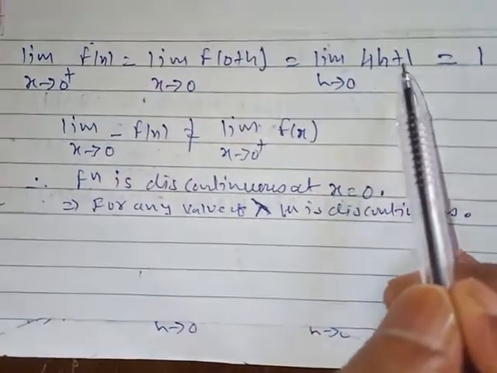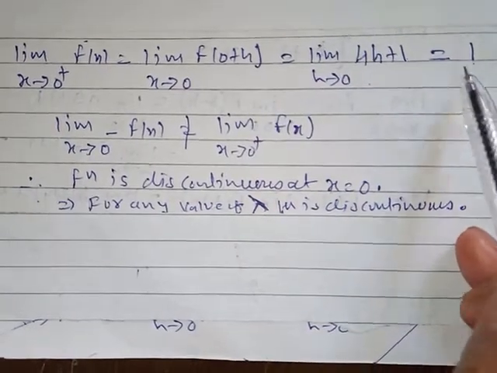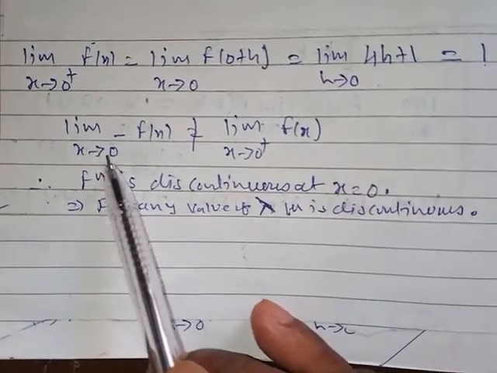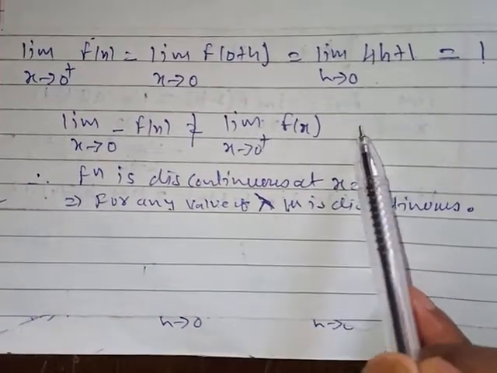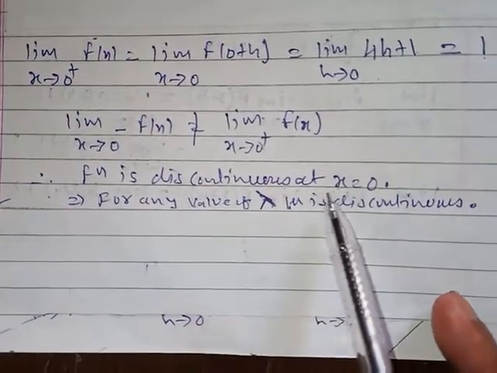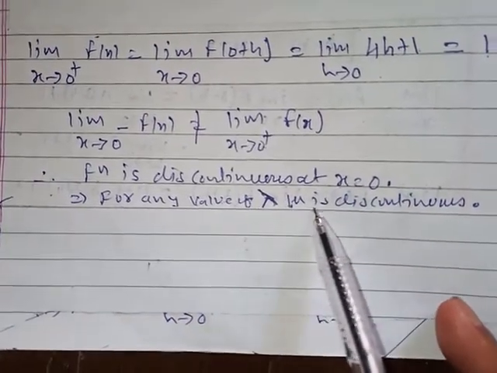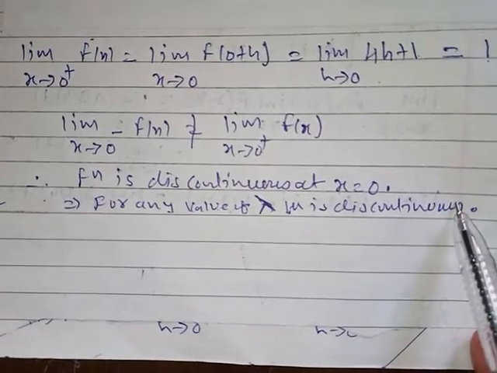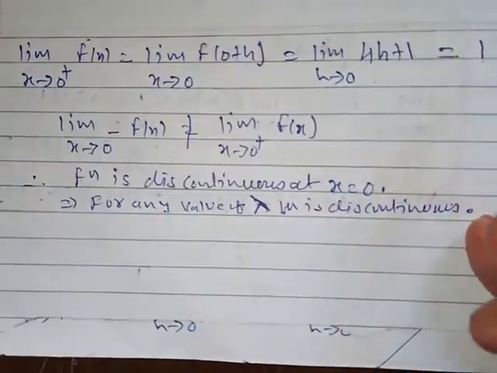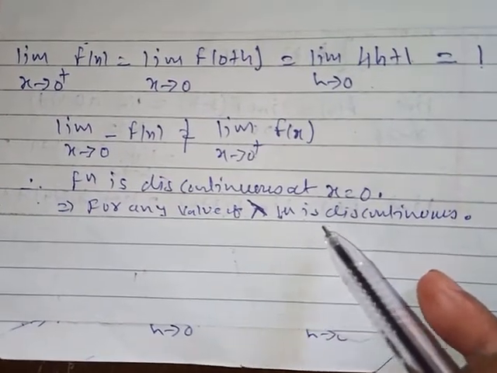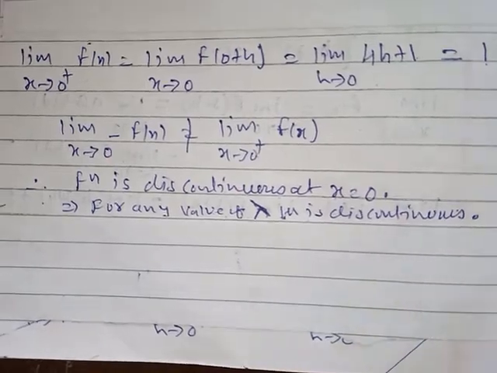So 4h plus 1. If you substitute h is equal to 0, it will become 1. So limit x tends to 0 minus f(x) is not equal to limit x tends to 0 plus f(x). So the function is discontinuous at x is equal to 0. For any value of λ, the function is discontinuous, because λ is outside.